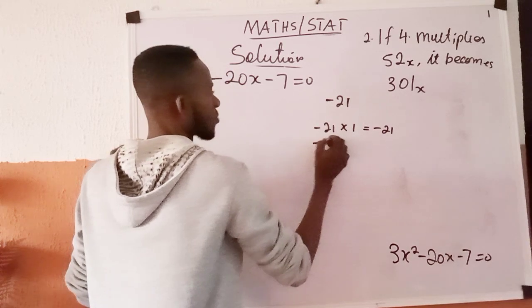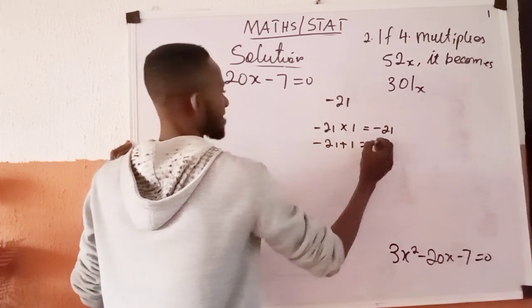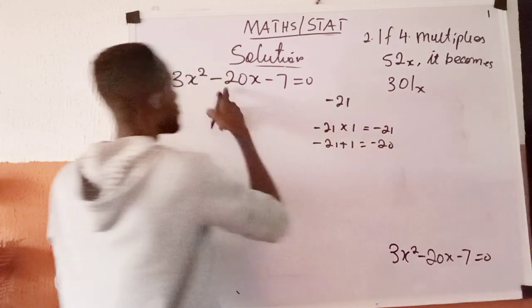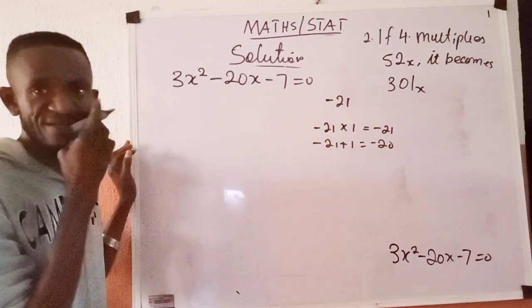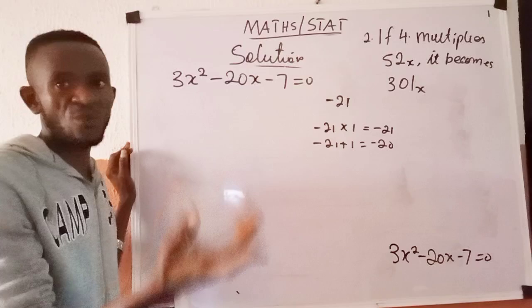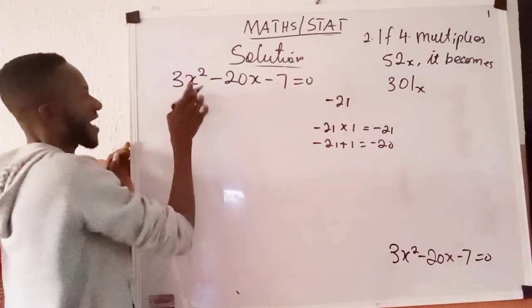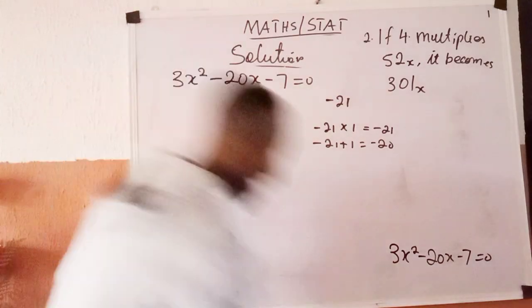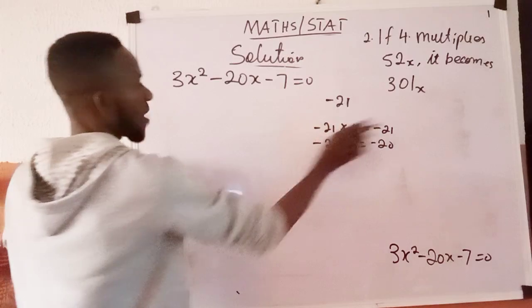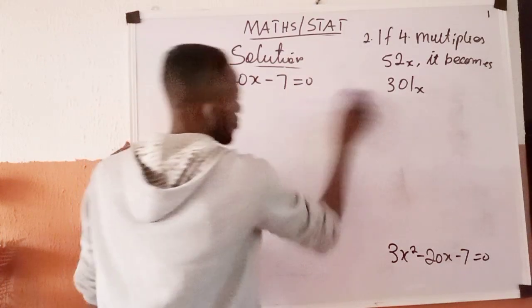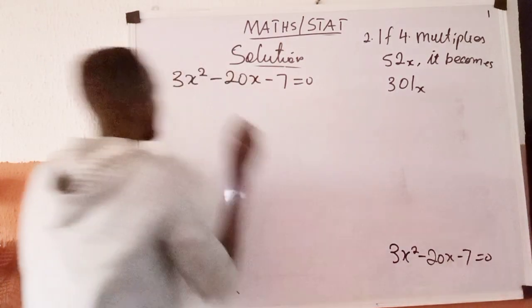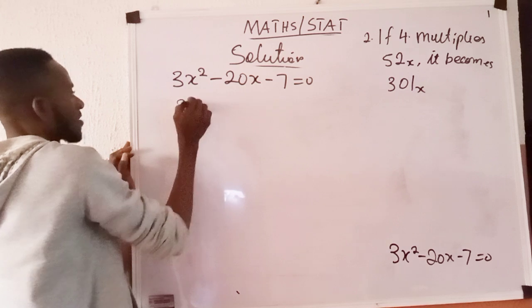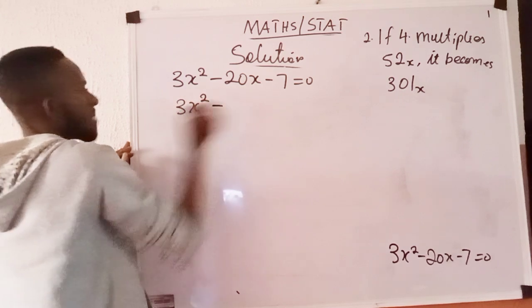But when you have minus 21 plus 1, the answer is going to be minus 20, which is what we are looking for here. So at that point in time, what you are going to do is to return back here and write this equation this way. What we are now using is minus 21 and 1. So you are going to have that this becomes 3x raised to power 2 minus.